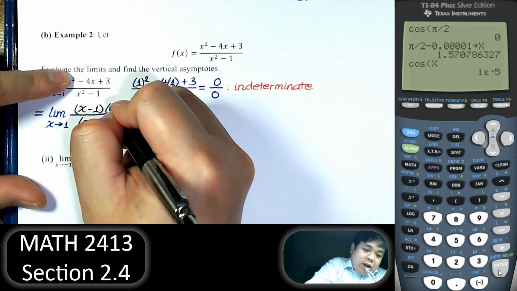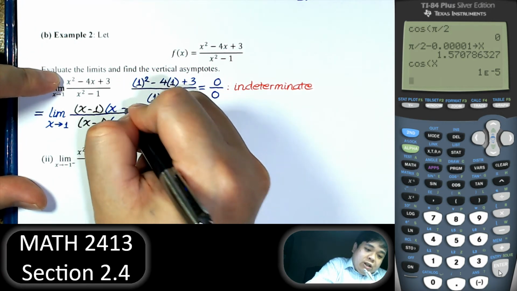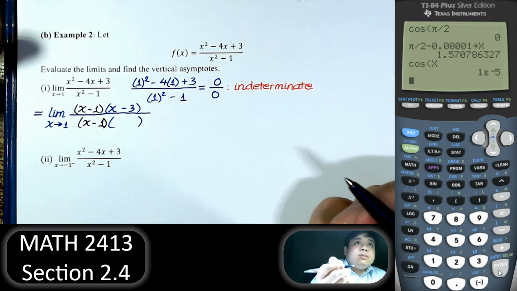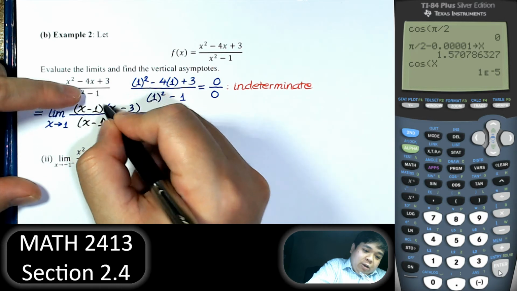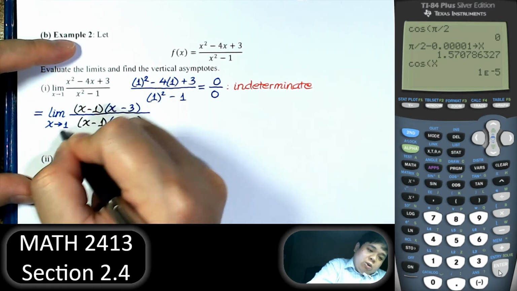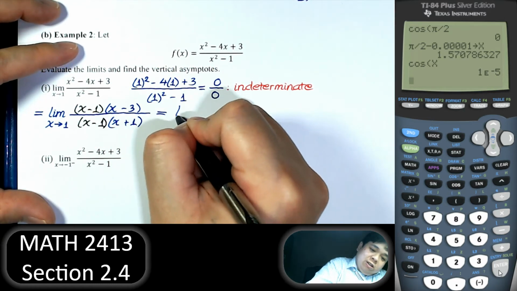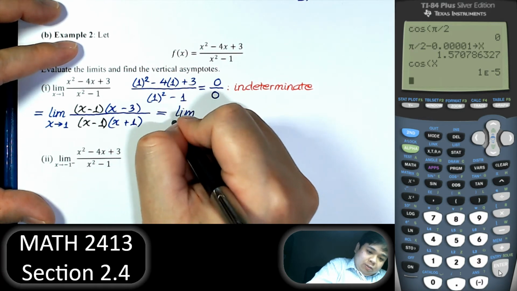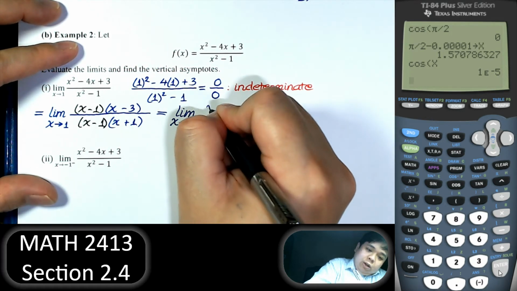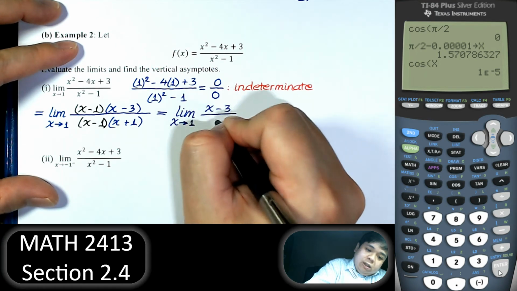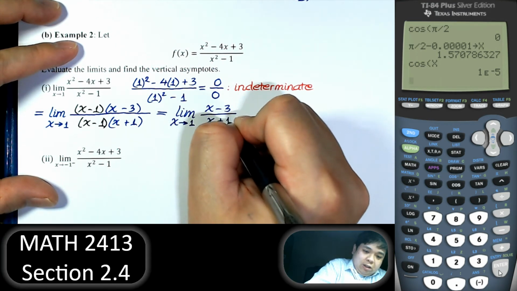To get x squared, we need an x. To get 3, we need a negative 3. To get x squared, we have x. To get negative 1, we need plus 1. So cancel the x minus 1. We have x minus 3 and x plus 1.